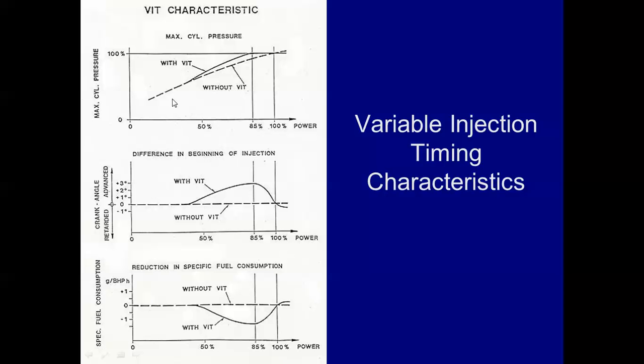It increases the maximum cylinder pressures up to about 85% load, so that at 85% load you have the same Pmax as at 100%. That gives you a better fuel economy, and that's what they're showing here, specific fuel consumption. The amount of fuel that I burn drops dramatically in that range, right? I'm burning less fuel, and most ships are running at about 85% load, so it'll save you money.